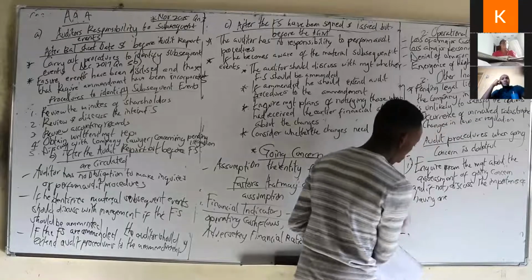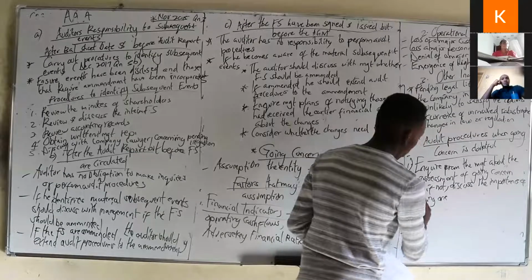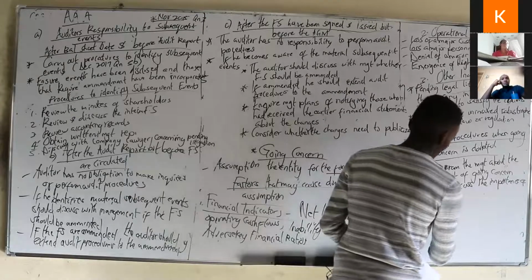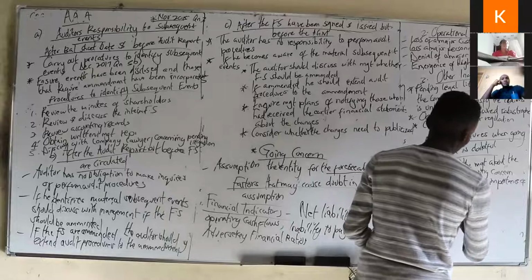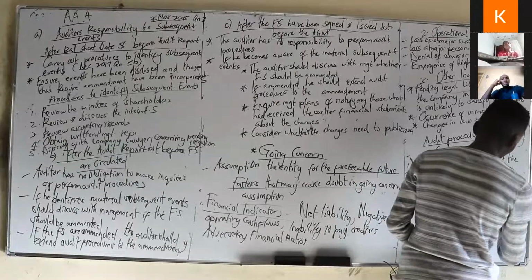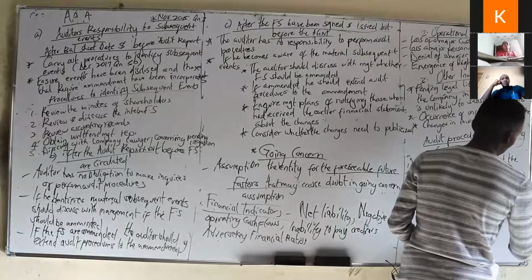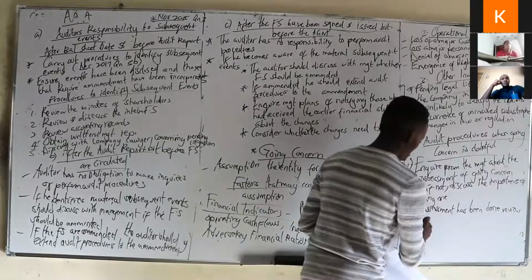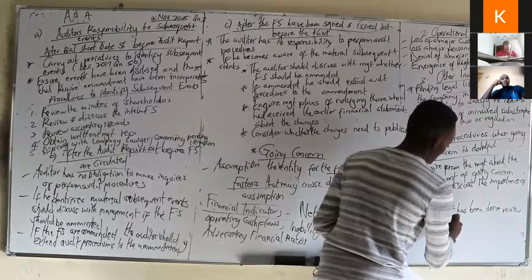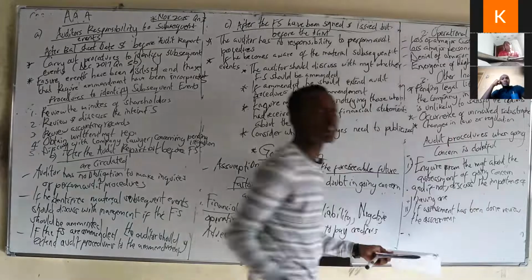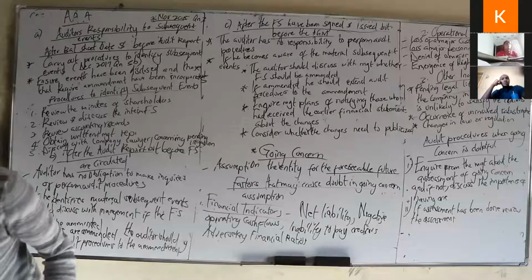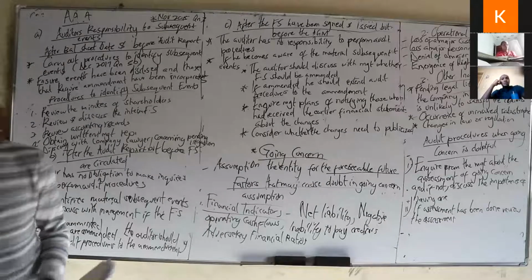And then if the assessment has been done, what the auditor needs to do is review the assessment. The reason why he reviews this assessment is to see if the company is actually a going concern, or it has its own issues.